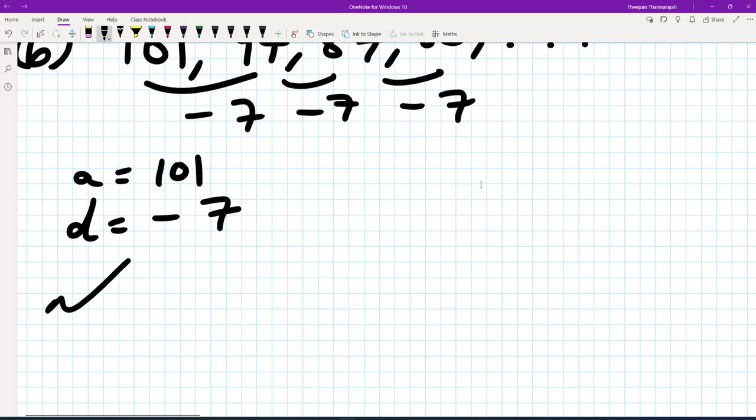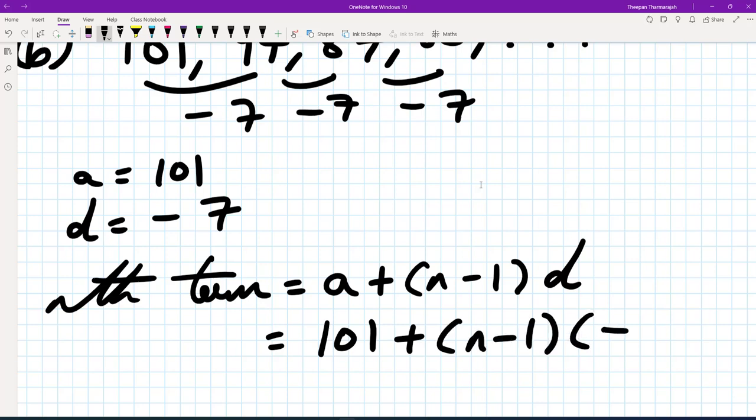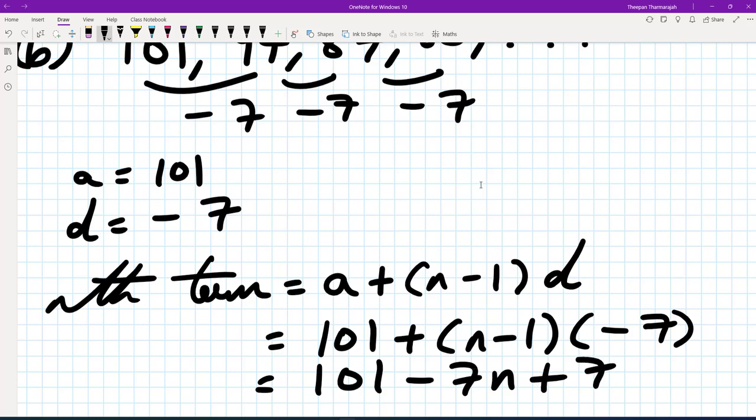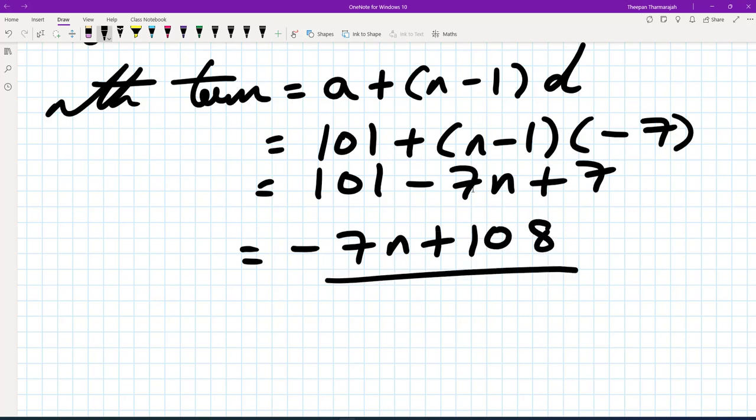The nth term is A plus n minus 1 D, and that's 101 plus n minus 1 times minus 7. That's 101 minus 7n plus 7, which gives me minus 7n plus 108.